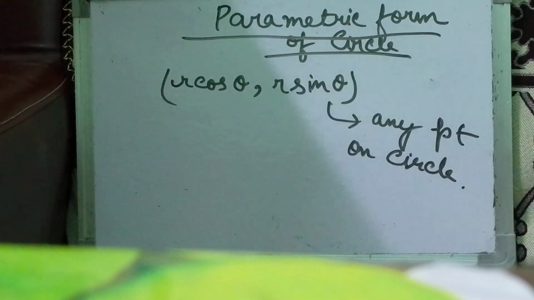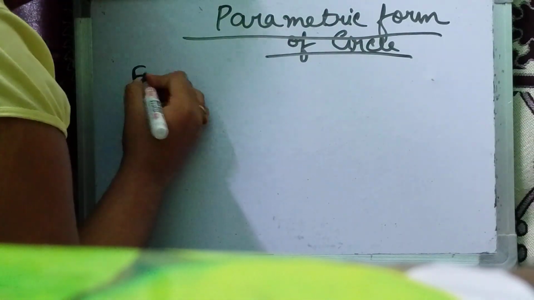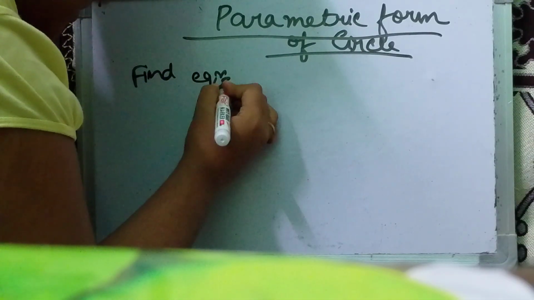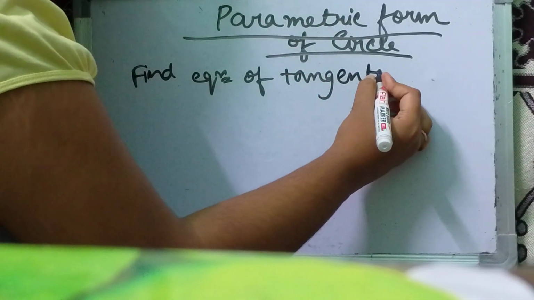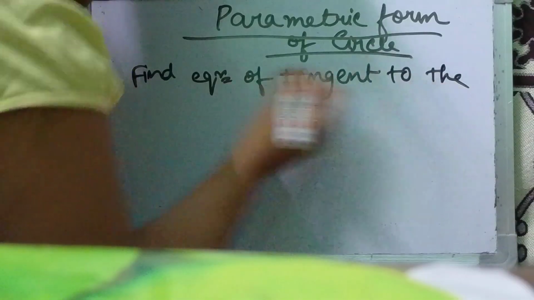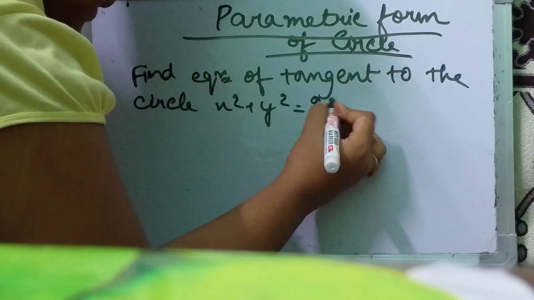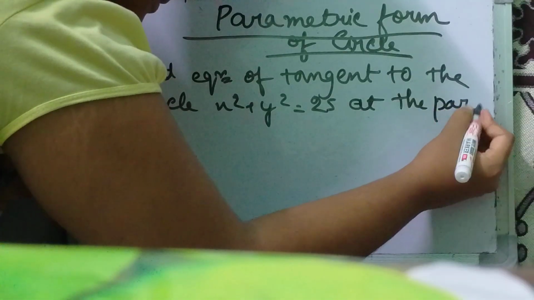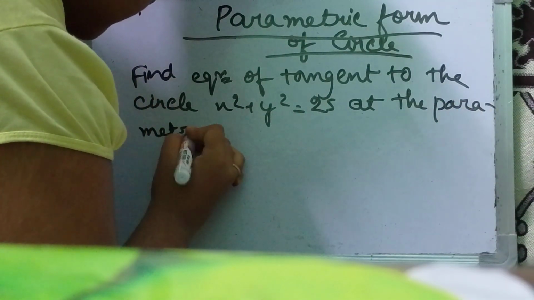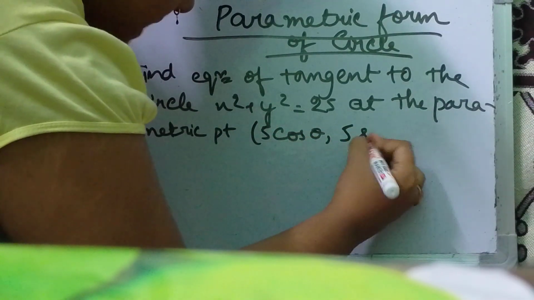For example, if a problem is given, find equation of tangent to the circle x square plus y square is equals to 25 at the parametric point 5 cos theta, 5 sin theta.